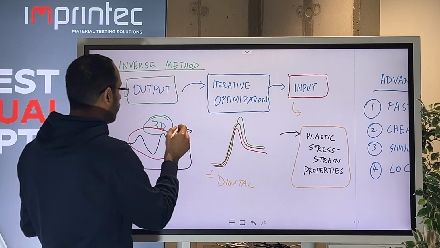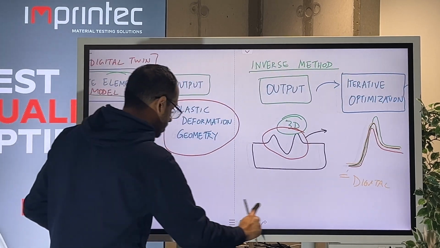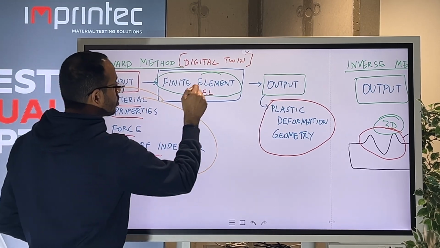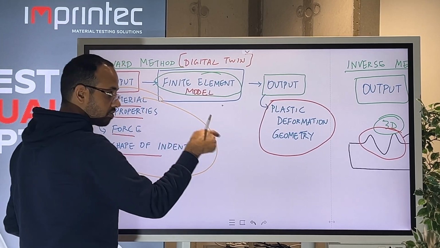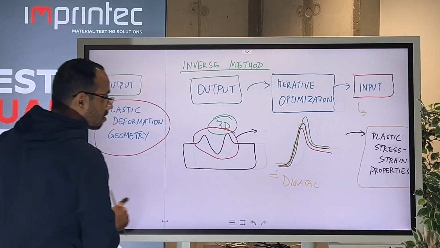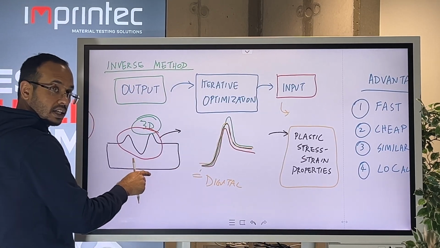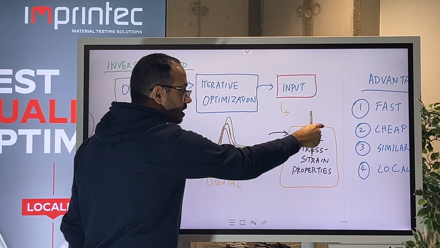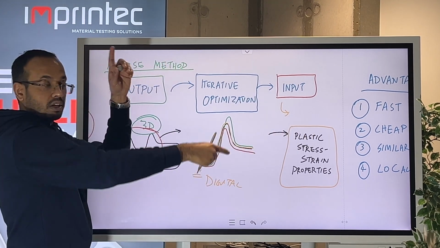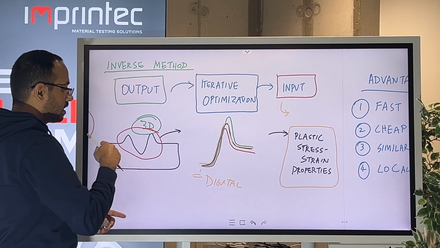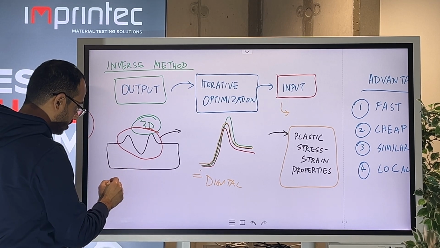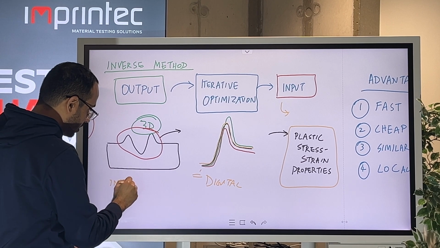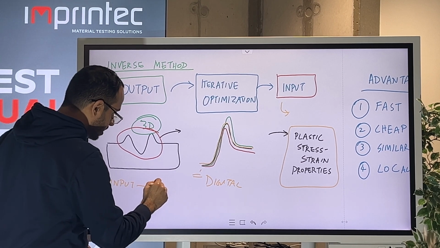Since we know all of the properties that we used to create the digital twin, once the digital twin is found we can determine its properties. So it's the other way around. Before, you were going from input, the properties, to creating the digital twins.